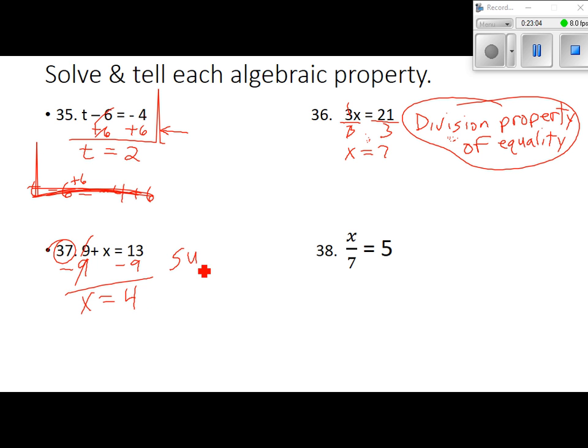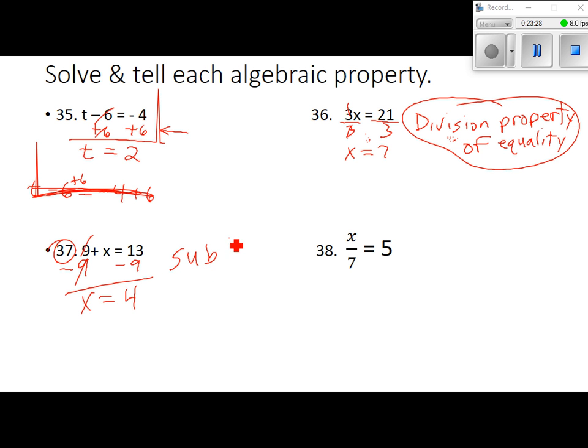Subtraction property. Please make sure, don't do this. I'm going to let you abbreviate a lot of stuff as we go through, because I don't like the writing any more than you do. Don't abbreviate this as sub. Why not? Are there other properties that might be that? Substitution property.